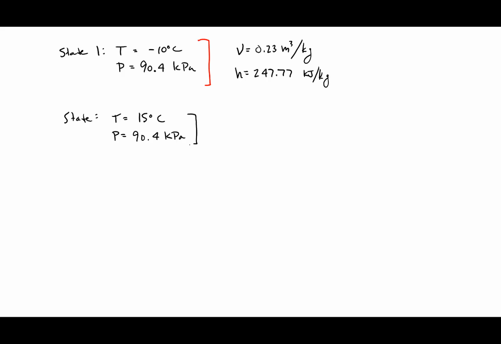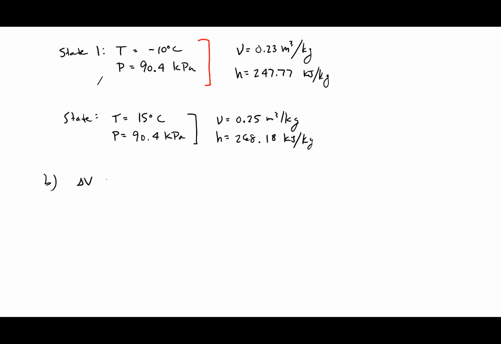And at state 2, we determined that the specific volume was 0.25 meters cubed per kilogram, and the enthalpy is 268.18 kilojoules per kilogram. So now we can finish part B, which was to determine the change in the volume between the initial and the final states.